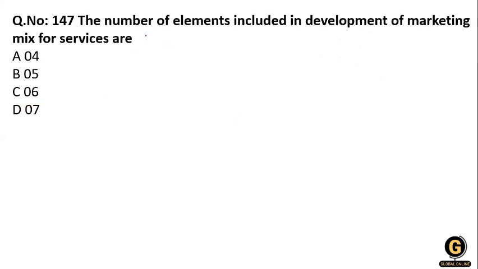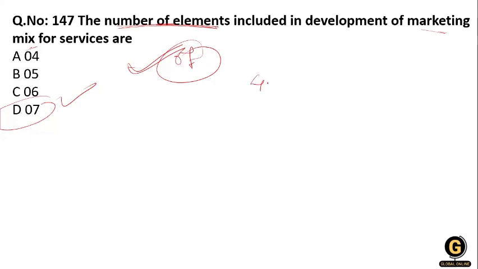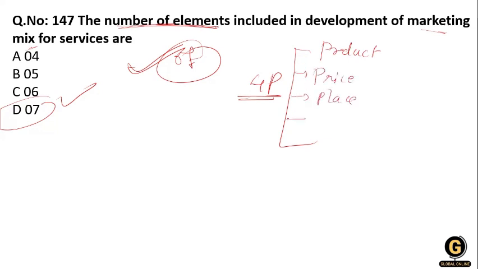Next question: the number of elements included in the development of the marketing mix for services are? There are 7, so D is right. In the traditional marketing mix there are the 4 P's: product, price, place, and promotion.